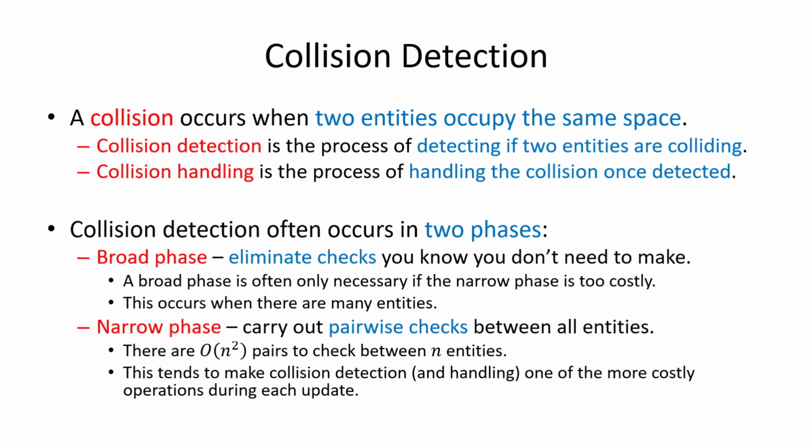Now in my game I actually still do them, and that's because the narrow phase for me is not so costly that I need a broad phase to eliminate those checks. But if I got to a case where I had so many entities that it was indeed becoming costly, the first thing I might do is separate all my background entities out as a separate kind of entity that doesn't need to participate in collision detection.